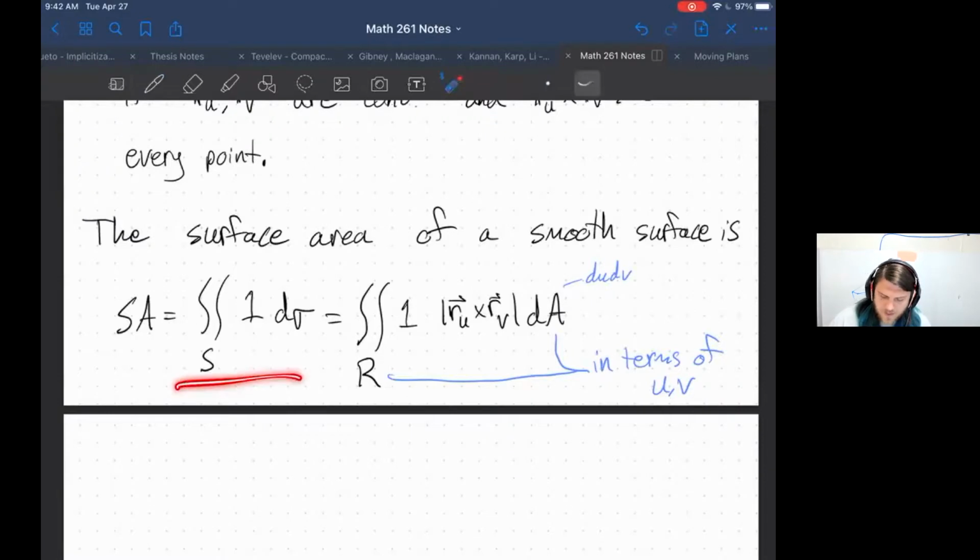The reason I wanted to write it first as this double integral over S d sigma is because this really is a change in coordinates. This is a substitution where we're going from units of the surface to units that we can compute. And this magnitude of the vector is our Jacobian. This is that scaling factor that we always need to add in there.